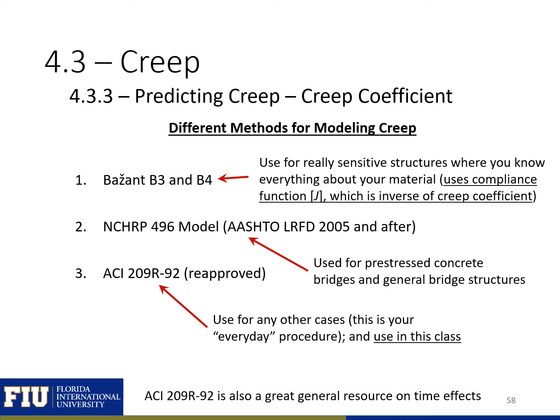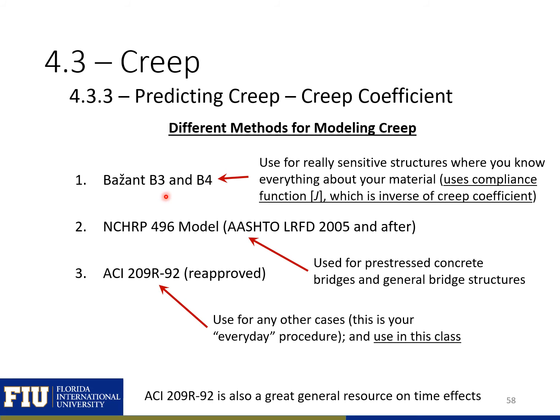Next, we're going to look at several different ways that we can predict creep. Generally, when we're predicting creep, we find what's called the creep coefficient. And we'll talk about what the creep coefficient is in a few slides. The 3 different models that we can use, or the 3 of the more popular models, are the Bazant B3 and B4 models. Again, we can use these for really sensitive structures where we know a lot about our materials.